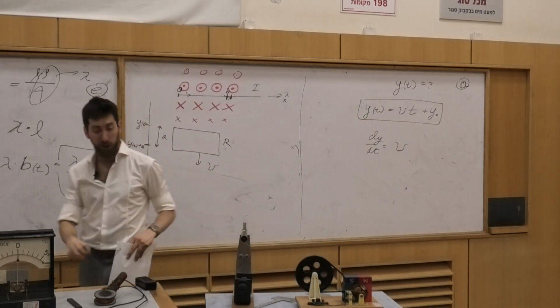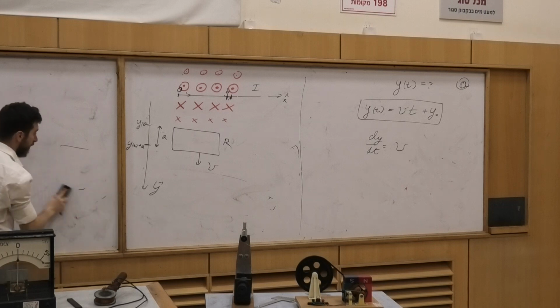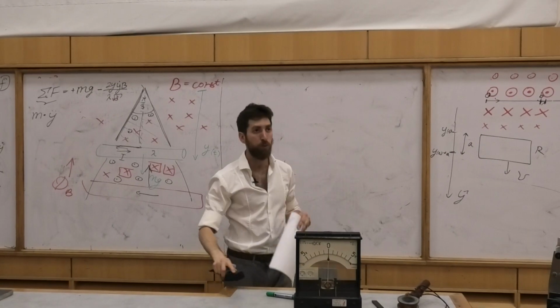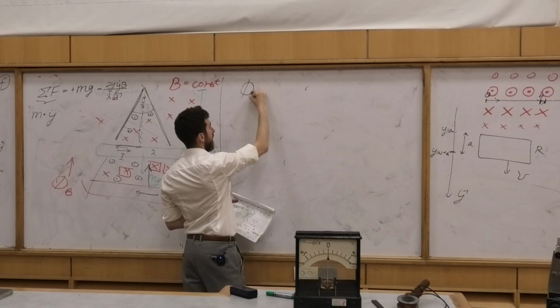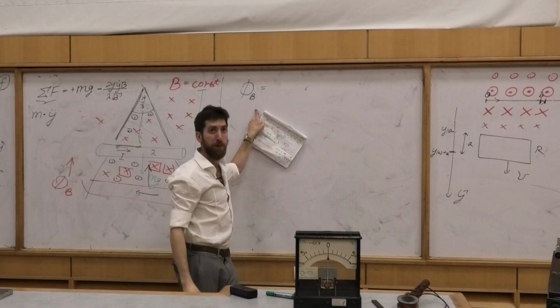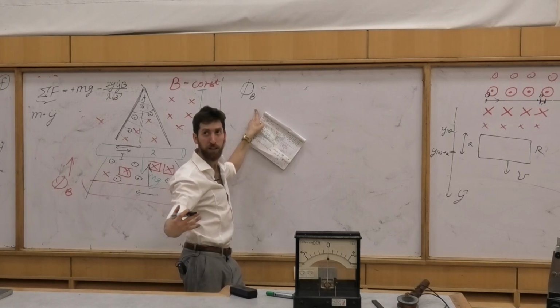The second question is, what is phi b? We're going to do the same thing we did previously. If you didn't understand previously, don't worry, let's do it again. We want to find phi b. What is the formula for phi b? Flux. You know fluxes.